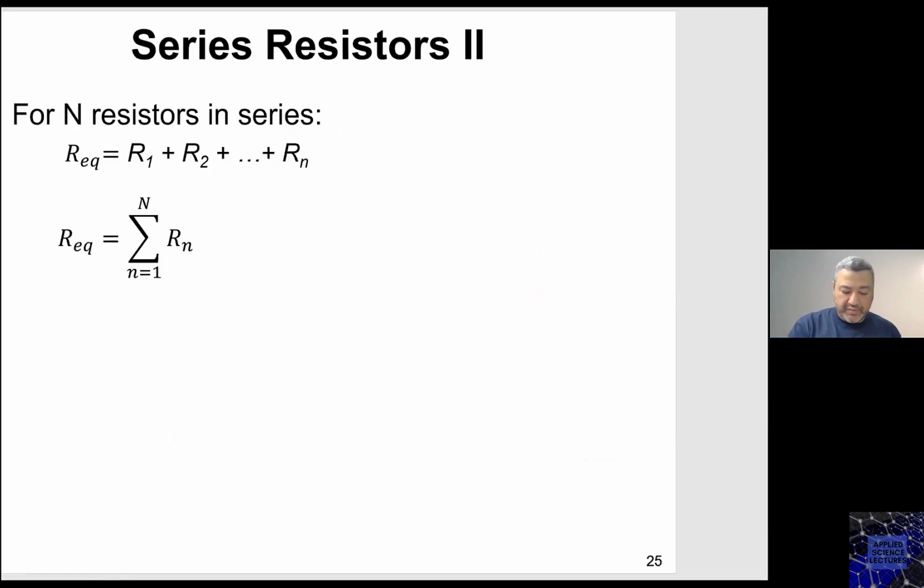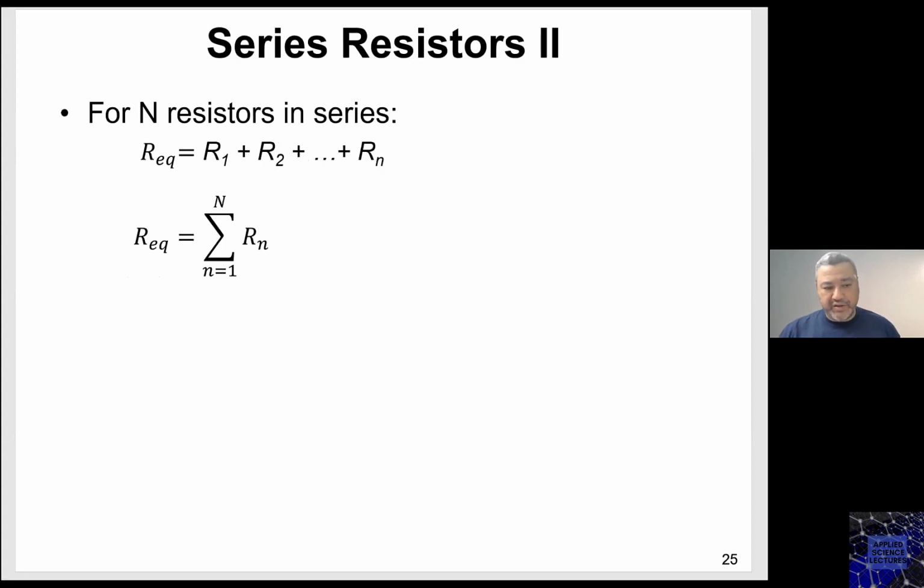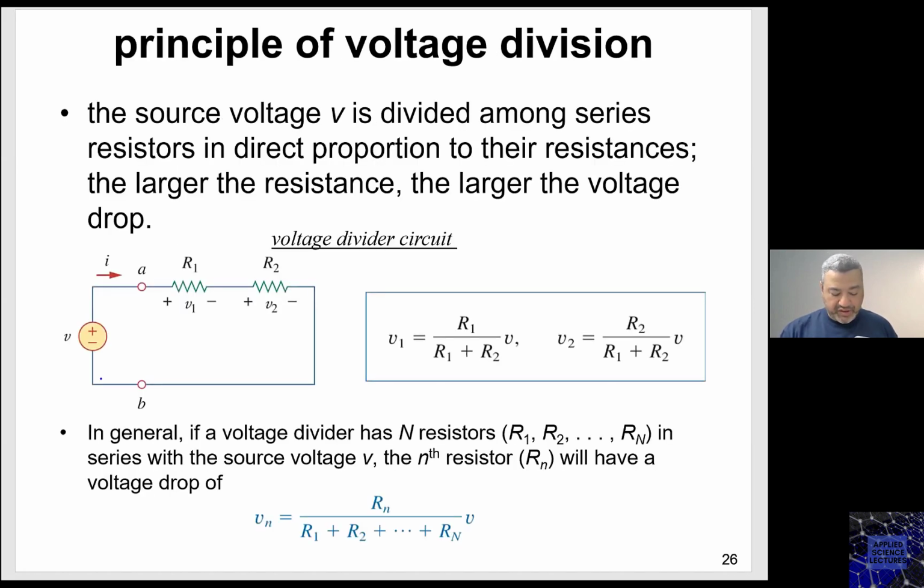So at the end, for any resistors that are in series, the equivalent resistance is the summation of those resistors.